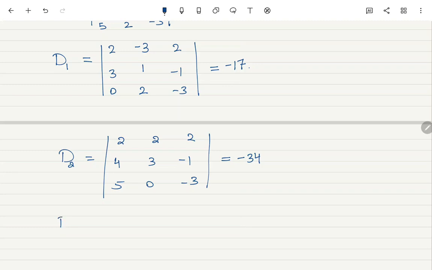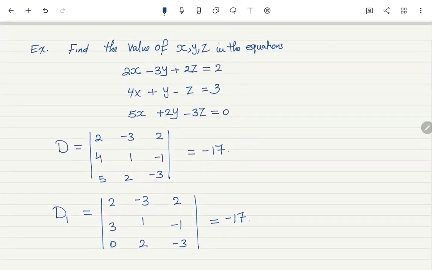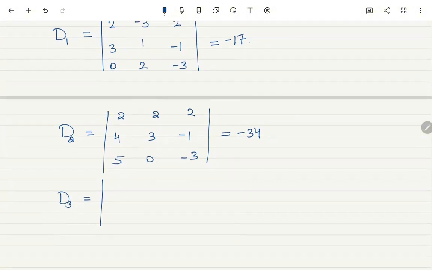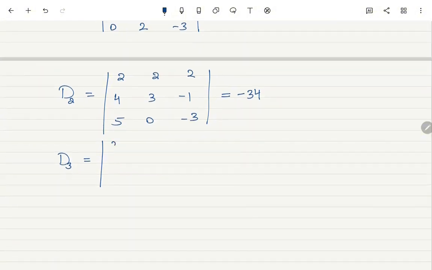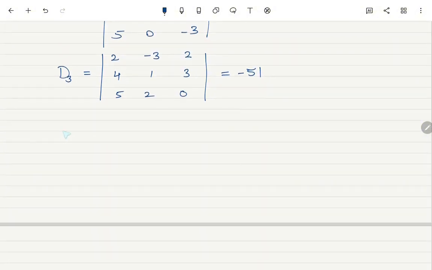And lastly, for D3, we should replace the third column with 2, 3, and 0. So D3 will become 2, minus 3, 2, 4, 1, 3, 5, 2, 0, and the value for D3 equals minus 51.